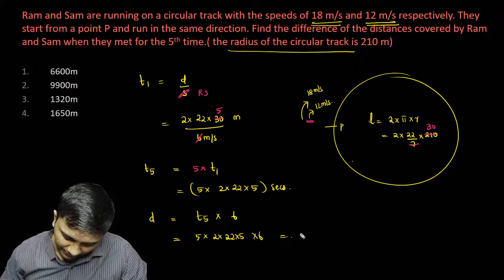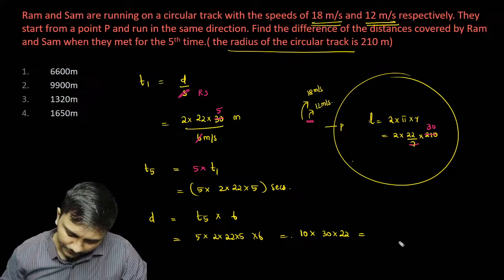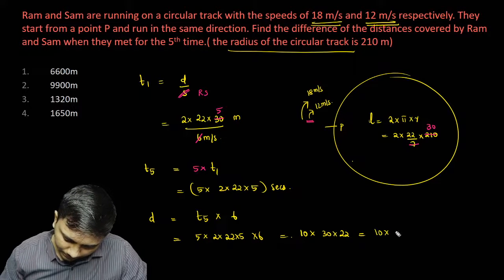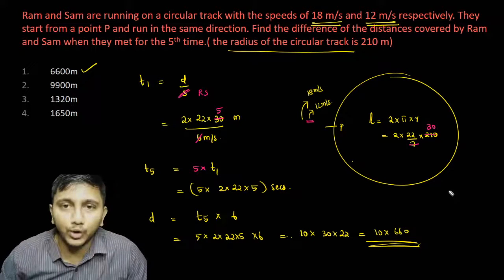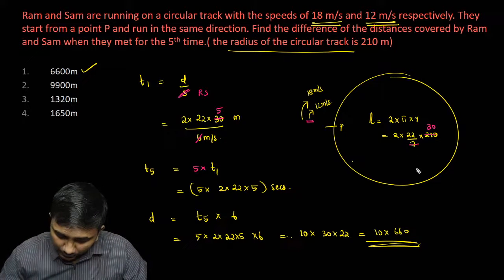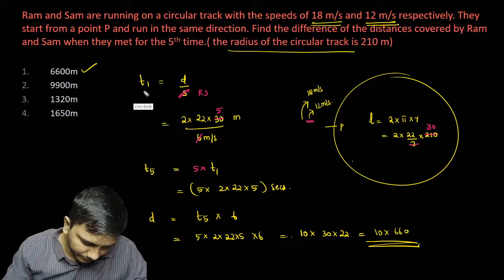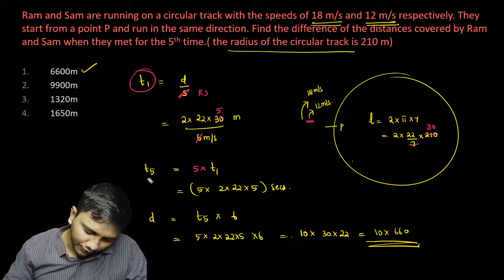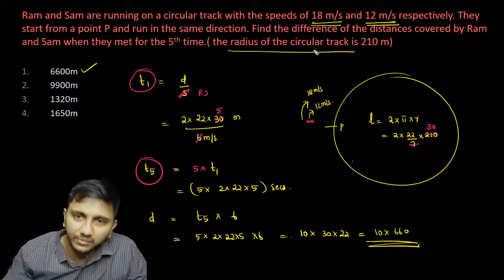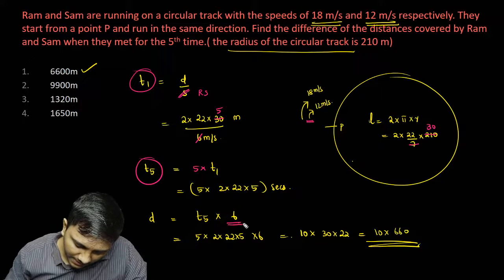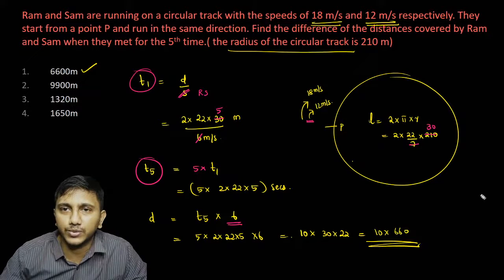It comes to 5 into 2, 10 into 30 into 22, which is 10 into 660, which is 6600 meters. Okay. So what we do first, we find out time taken for the first meeting. This is the first thing. And then for the fifth meeting, you just multiply it by 5. That will give the total time they're going to take till the fifth meeting. You just have to multiply it by their difference of speeds, which is 6 here. That should give us the answer for this question.